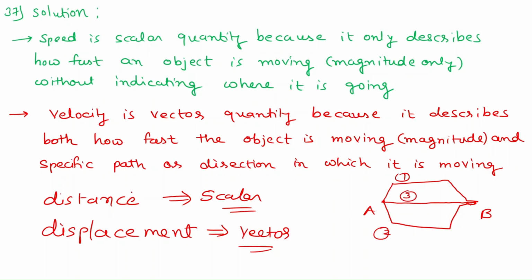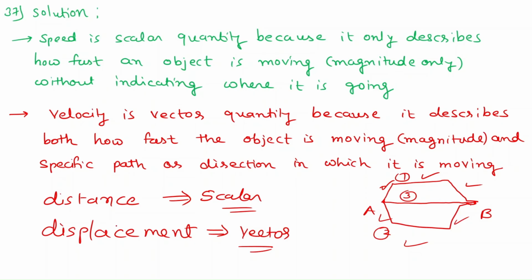Now, in the case of distance, it takes the original path. In the first case, the distance is this plus this plus this. We just have to add them. In the second case, the distance is this plus this and this. In the third case, the distance is this.